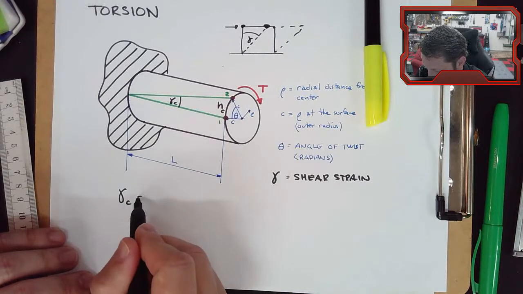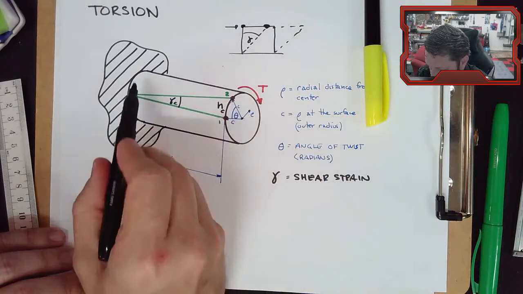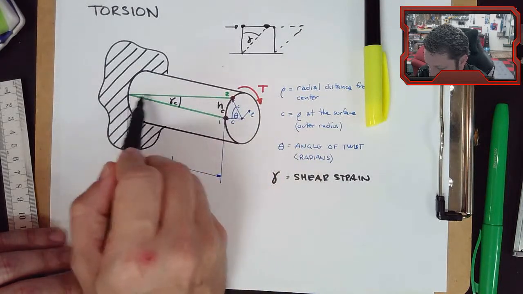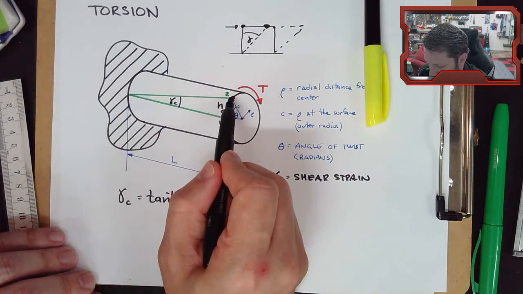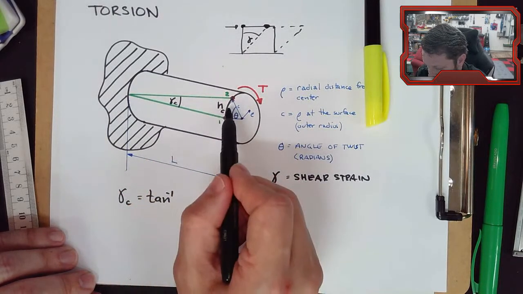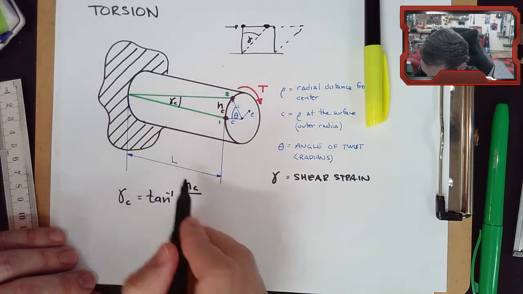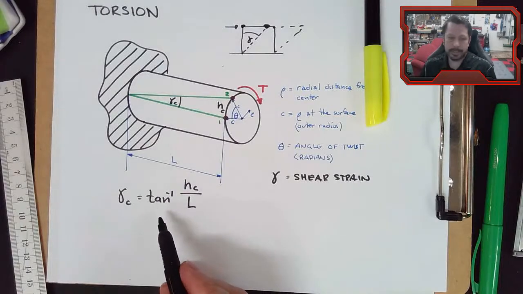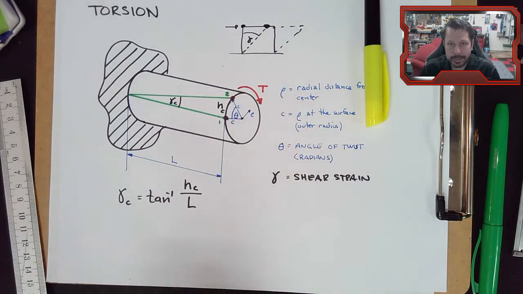So it equals the inverse tangent of this side. Now we're treating this as basically a right triangle. So here's one base, here's a side, and here's the hypotenuse. So this angle would be inverse tangent of HC over L. And we said that typically these are not twisting a lot.